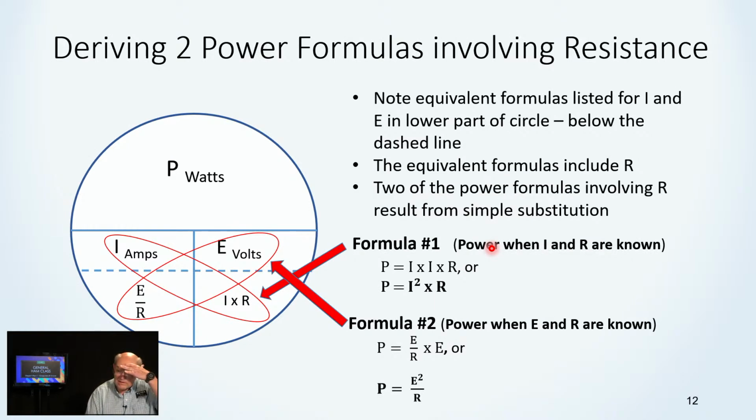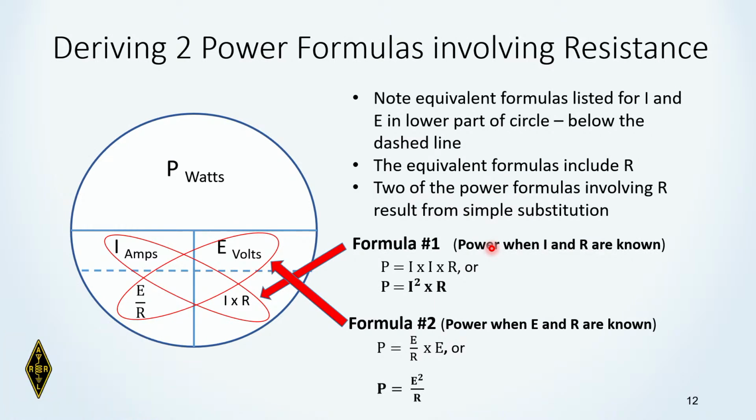So we're going to derive two of the power formulas involving resistance. And I've put those equivalent statements down here. So for formula 1, which is I squared times R, P, put our thumb over that, because that's what we want to solve for.